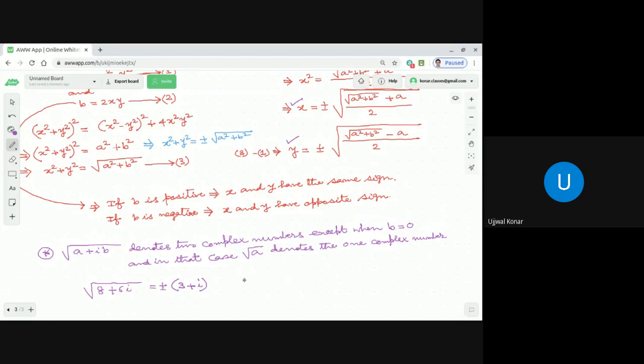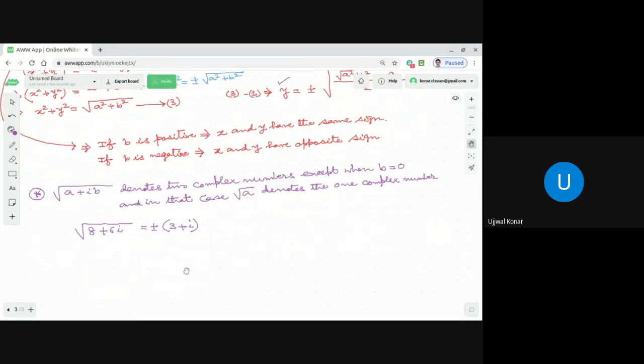But if we find the square root of 4, what do we get? We get 2.